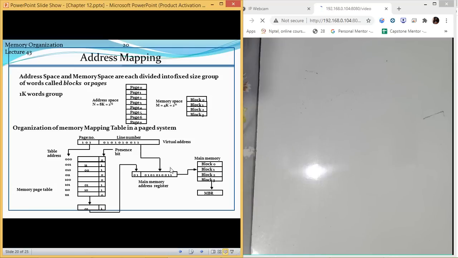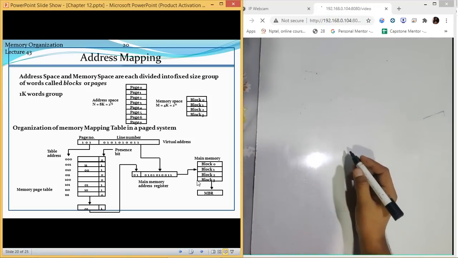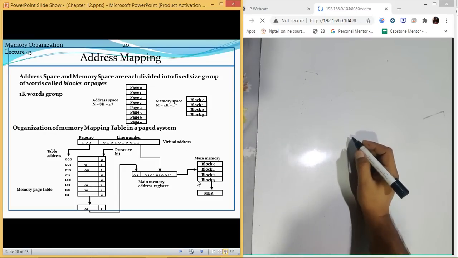So the line number is going to just tell you whether that block is present or not. This 01 will tell you which block we are talking about. Let me explain this by using the same example of page numbers which was discussed.